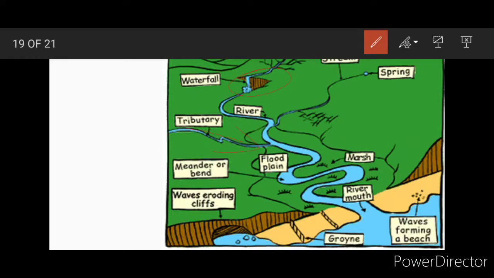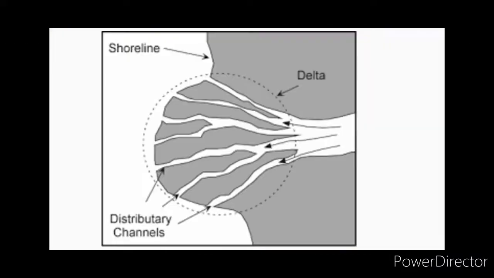Okay, then it also shows you meander or bend. That means the river does not move in a straight line. Okay, it changes its directions. So these curves that you see, these curves like this, are meanders and bends. Okay, then it also shows you distributaries. Yes, so here it shows you distributaries. Distributaries means when a river divides into smaller rivers, smaller streams, that is called a distributary.